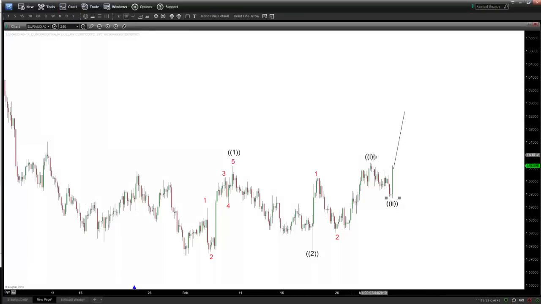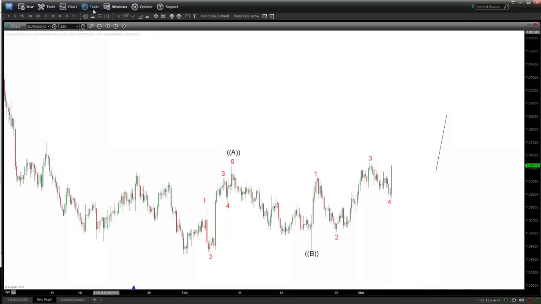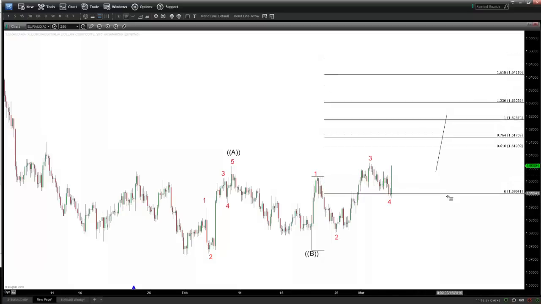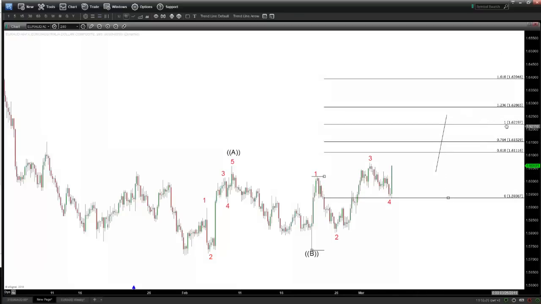So let's take the most conservative view that this is just an ABC, three swings higher from this low. Then we got this 1, 2, 3, 4, 5, and we are just ending a 5, which should break above 3. And then let's say if we take a 1 equal to 5 target area, then we can potentially go as high as 162.20.